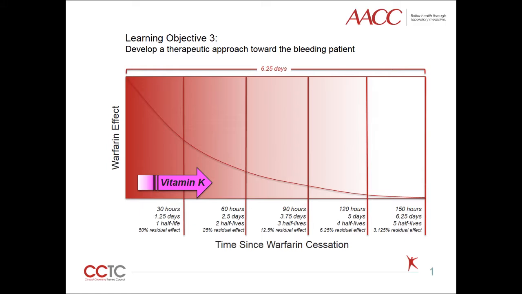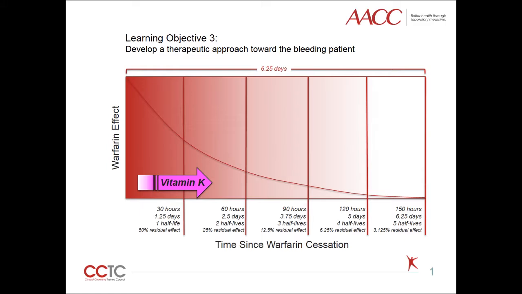In many cases, bleeding can be safely managed simply by holding warfarin and administering vitamin K. Hemodynamic support with intravenous fluids and blood transfusions will aid in stabilizing the patient. If bleeding is localized to a specific bleeding site, compression or other appropriate local measures are indicated.